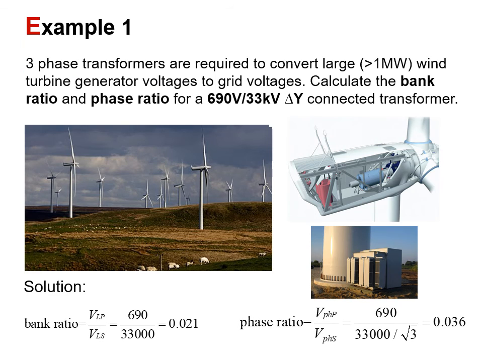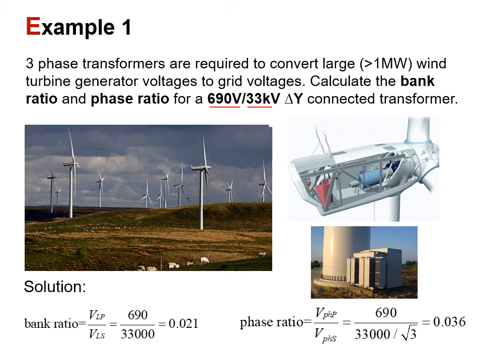A quick example here, just to finish off. We have three-phase transformers required to convert a 1 megawatt wind turbine generator to grid voltages. We want to calculate the bank ratio and phase ratio for a 690 volt to 33 kilovolt delta-Y connected transformer.